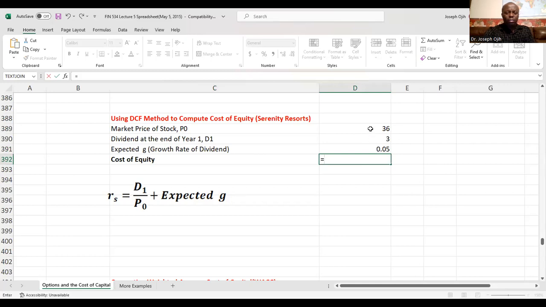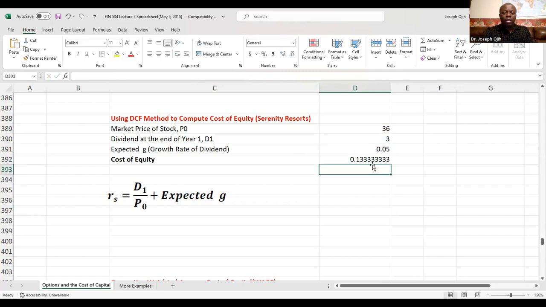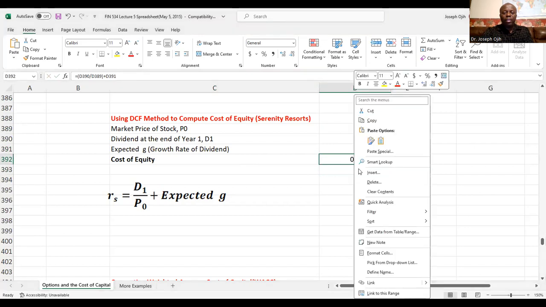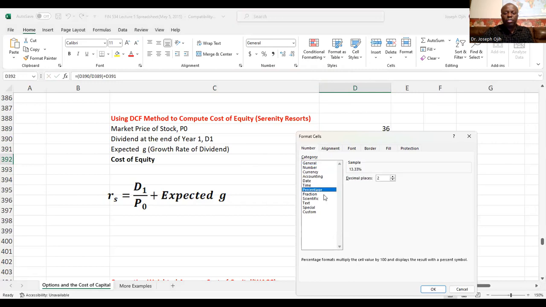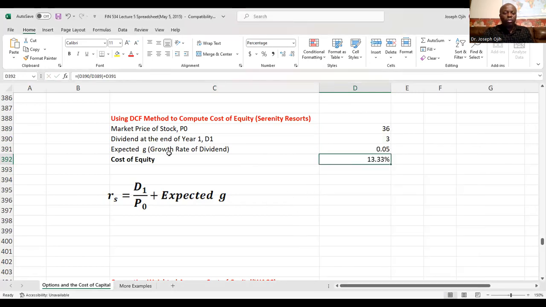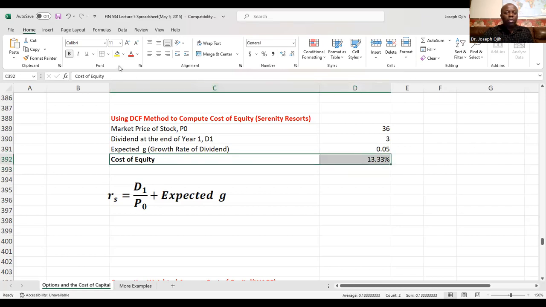Equal to, okay, D1 in parentheses divided by the stock price, P0, plus the expected G of 5%. Then when you press the enter key, that'll give you the cost of equity. You can change this to percent by right-clicking it, choosing format cells, and then choosing percentage. So that is the cost of equity using the discounted cash flow approach.